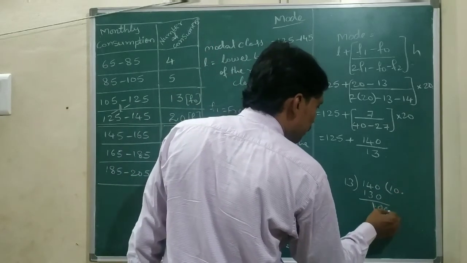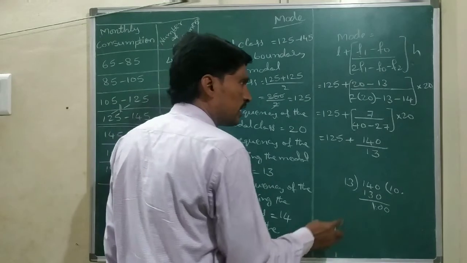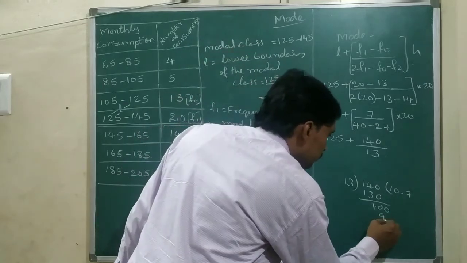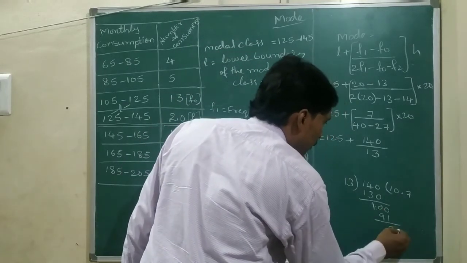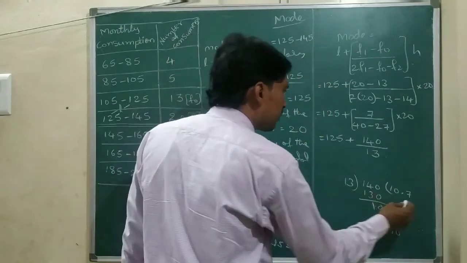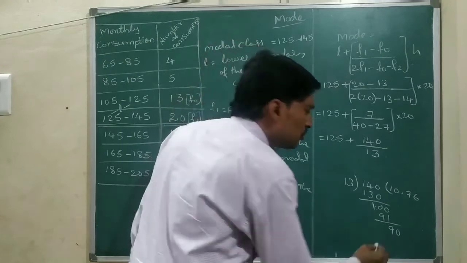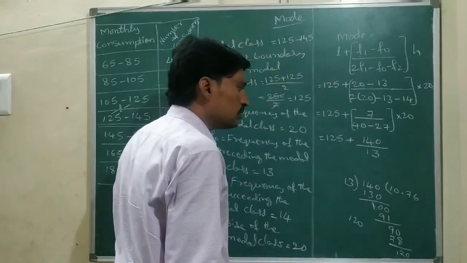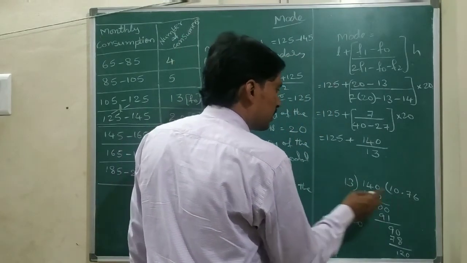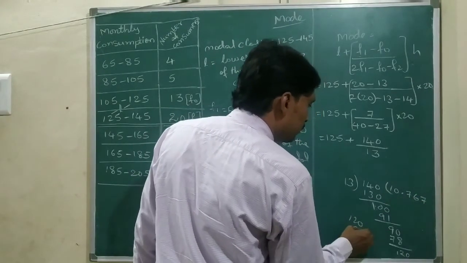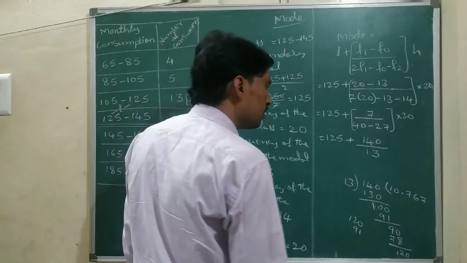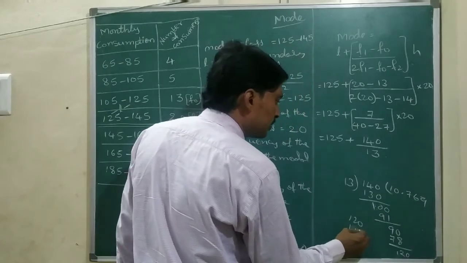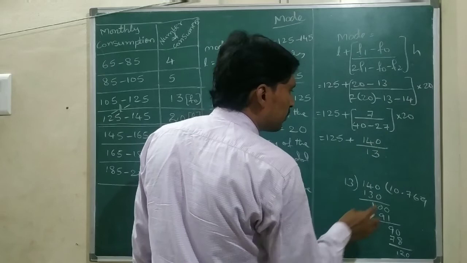Put the decimal point, we get 0. 13 7s are 91, 13 9s are 117.